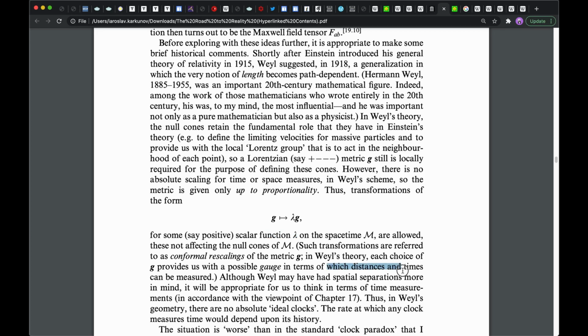To measure the distances and times. And Weyl said if we allow that gauge freedom in the metric, we'll be able to incorporate the electromagnetism inside the general relativity.